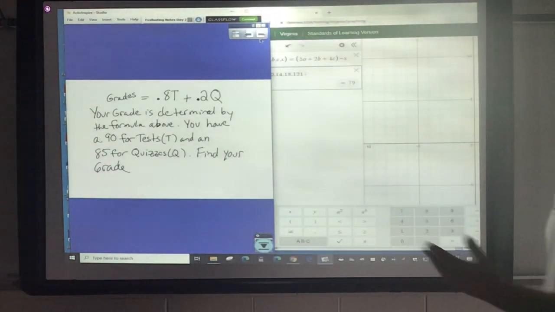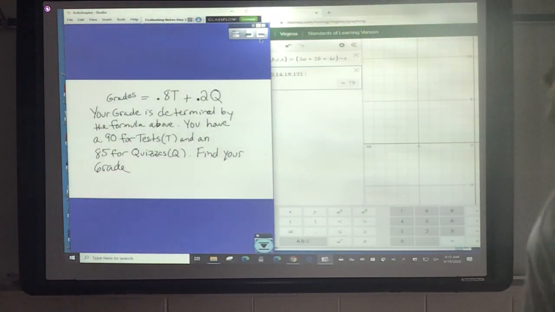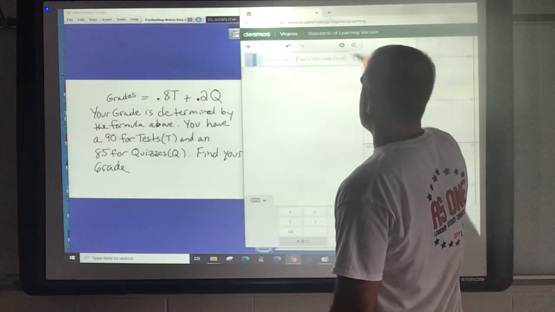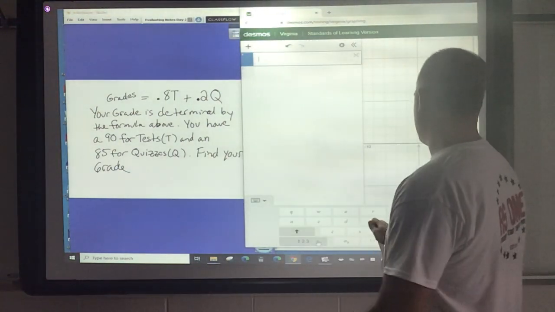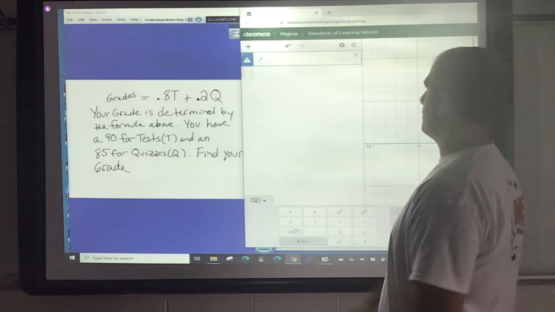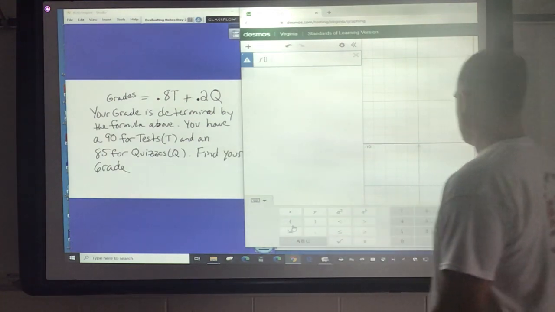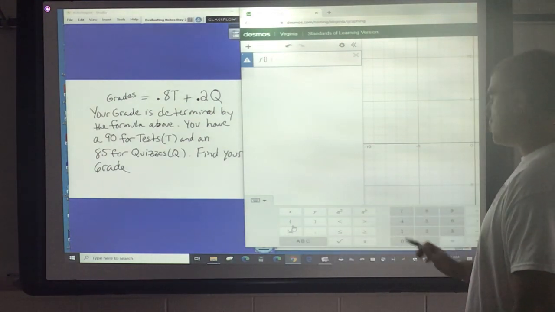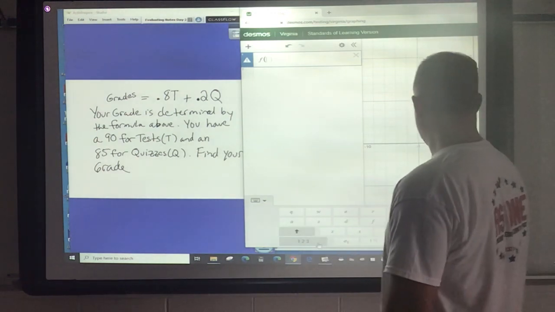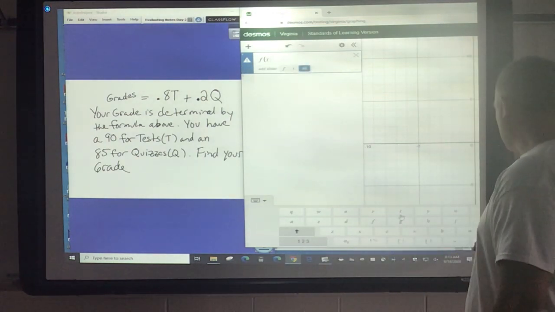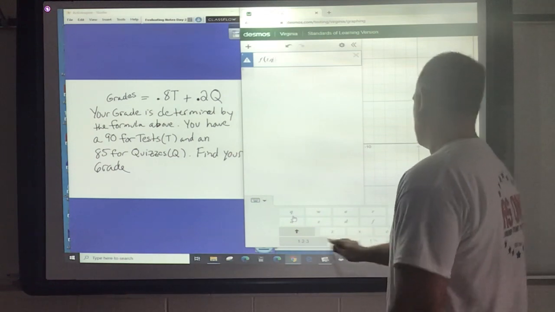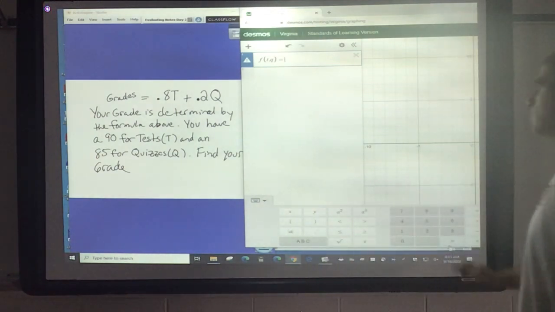Your grades are defined by that formula. So once again, every single time I'm going to start out the same. Function, parentheses. We're using T and Q. So T, comma, Q, close them, equals.